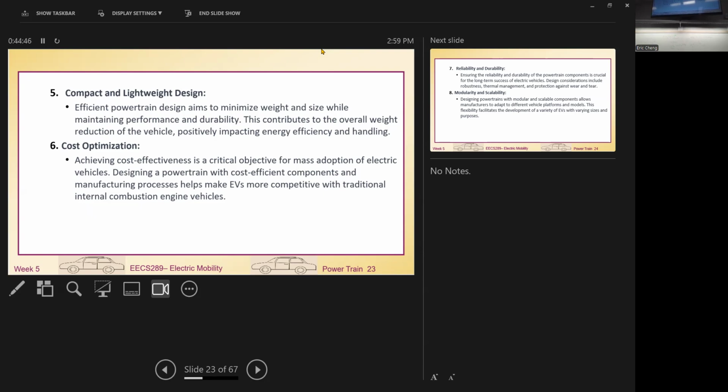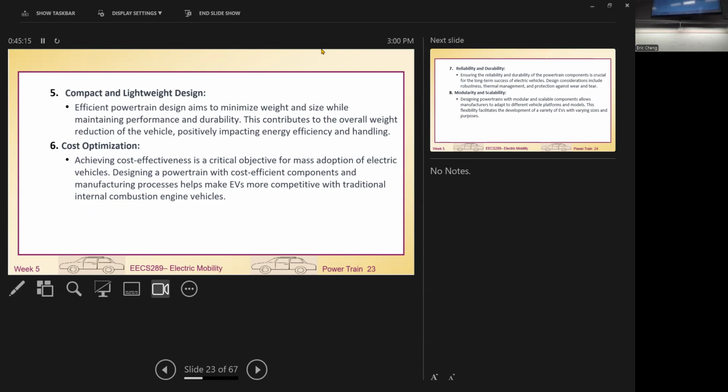So you need to think about how to make it compact and lightweight by using the methods we propose. But that comes with a cost implication, because you need to add on the cooling system, add on maybe an expensive motor. Maybe you cannot use normal copper wire, you use a more special type of wire, and for the motor metal core, you need to select really low power loss core.